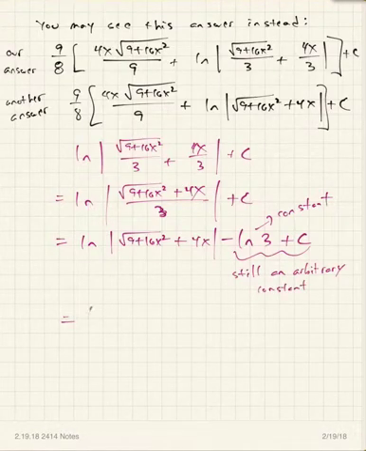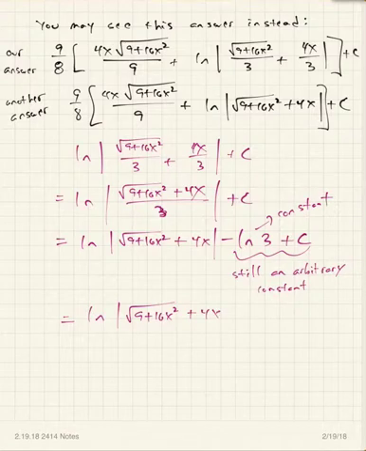And so it's equivalent to say that it's just the natural log of the square root of 9 plus 16x squared plus 4x inside the absolute value, and then plus a constant. That's common to see, and I wanted to point that out in case you were confronted with that and you weren't sure what to do.